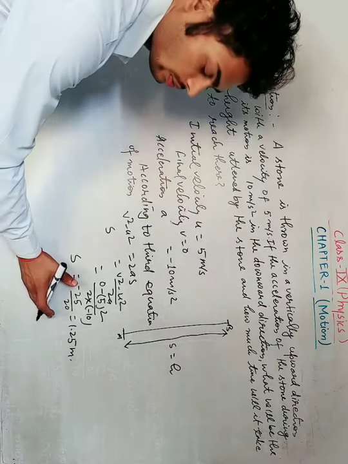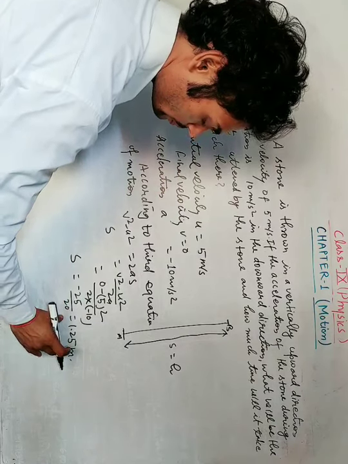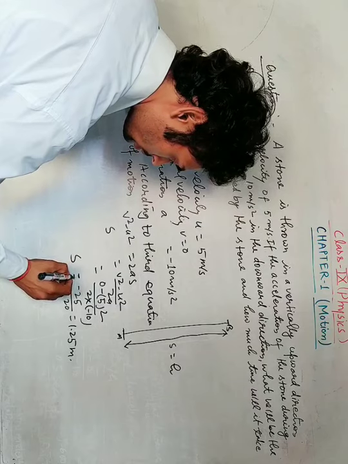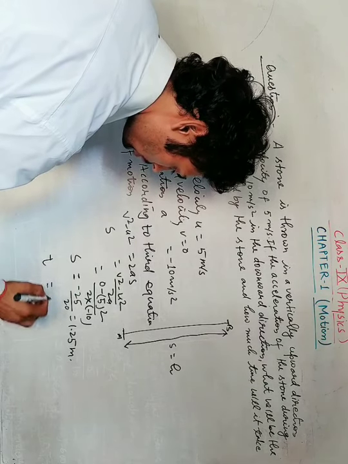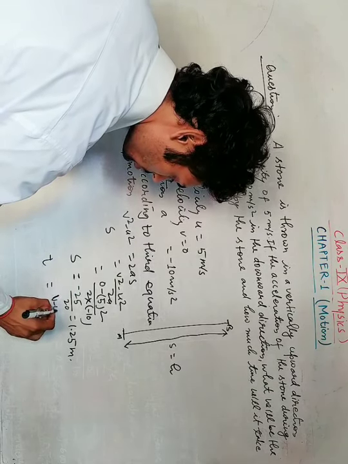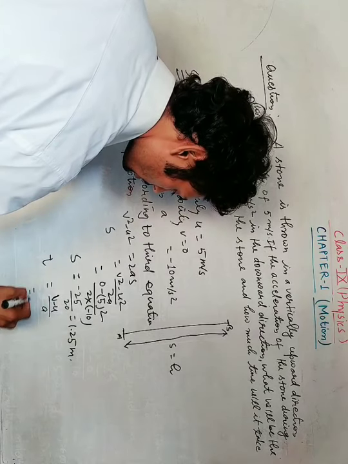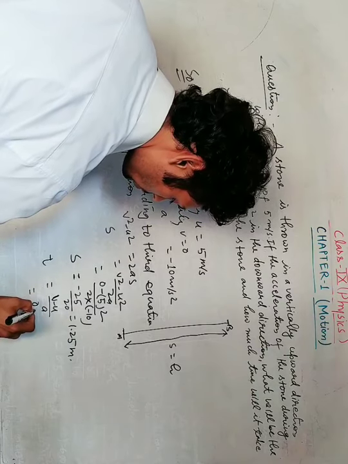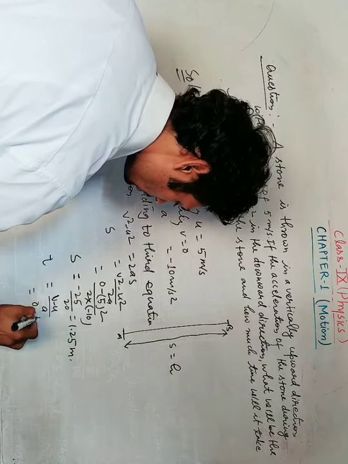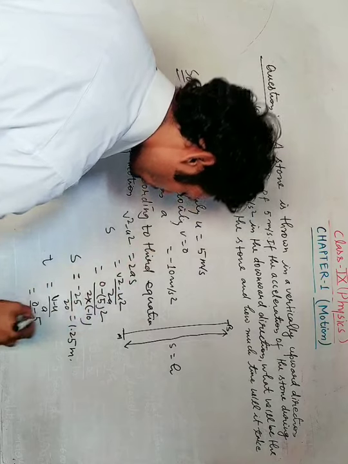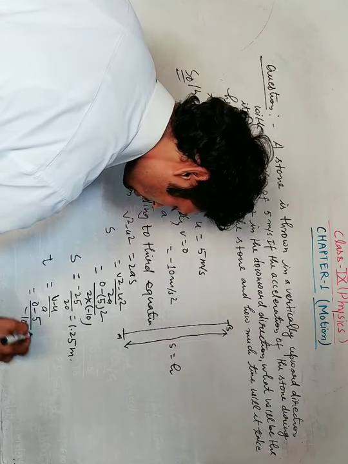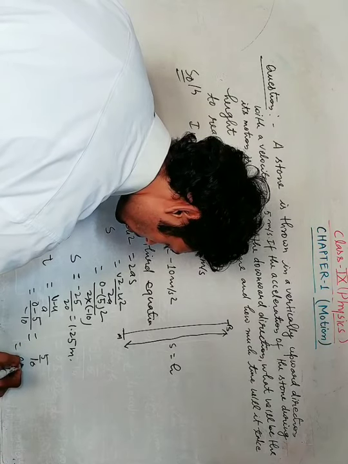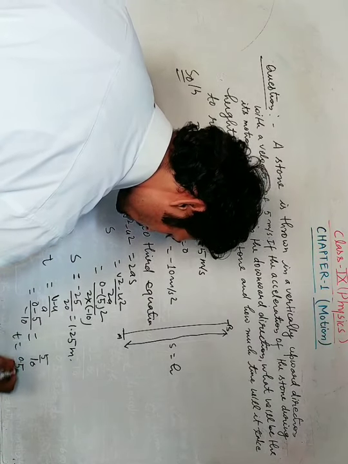And let's solve for time. Then time t equal v minus u by a. Then value of v equal 0, value of u equal 5, value of a equal minus 10. Then it becomes 5 by 10 equal 0.5 seconds.